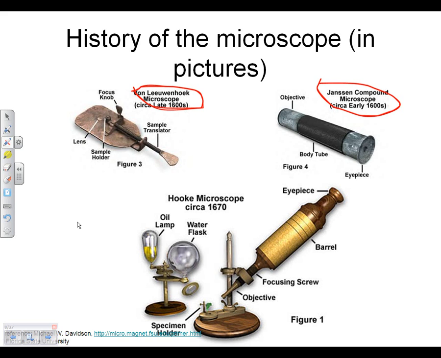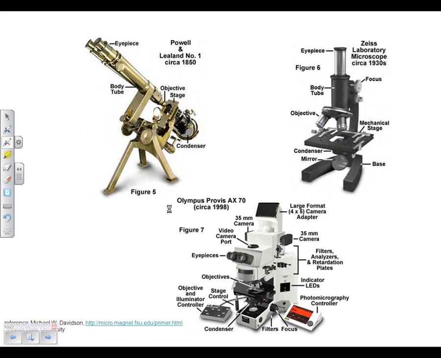So those are the sort of first historical microscopes, and you know, things progress slowly over the years. But you see that by the 1850s, the microscope looks a lot like what we have now. The cool thing is they were made out of, for instance, all brass, which is interesting. And by the 1930s, they look pretty much like what we have at the moment.